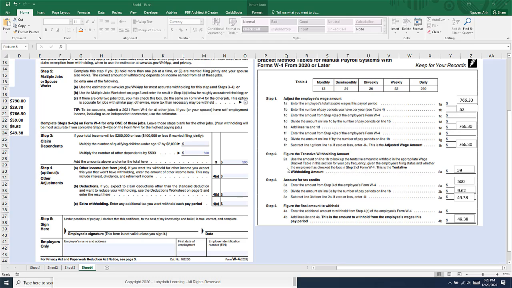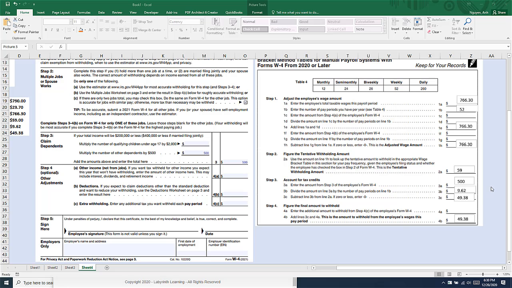So 500, as we show the information here on line 3A of this worksheet, then we divide by the number of weeks or the number of pay periods. All right, the pay period is weekly in the sample problem, so that's why it's 52. We divide the 52 into 500, we get $9.62.